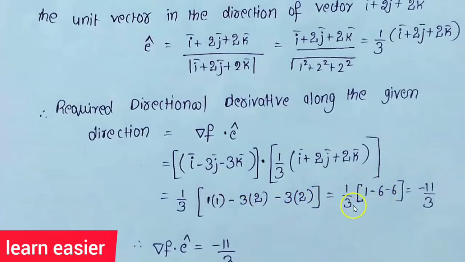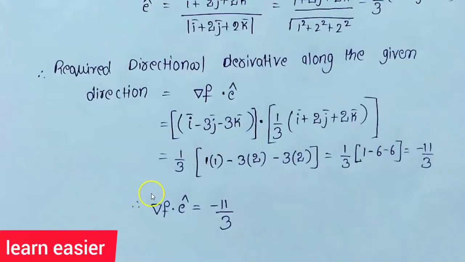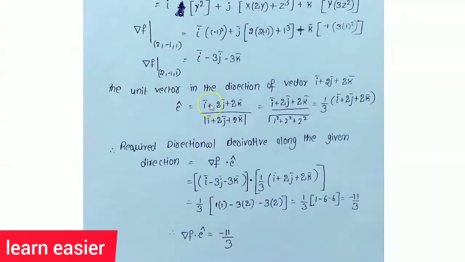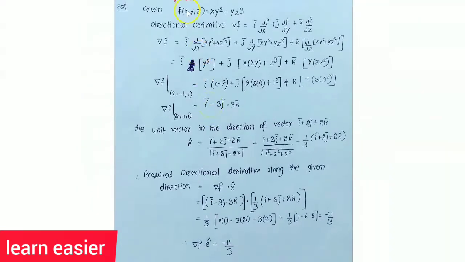So we will get minus 12 plus 1 by 3, that means minus 11 by 3. So the directional derivative along the vector, del f dot e cap, equals minus 11 by 3.